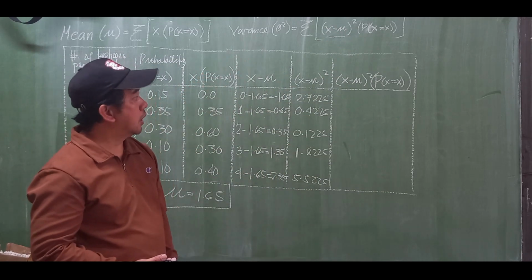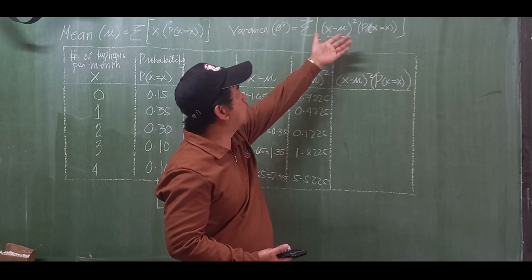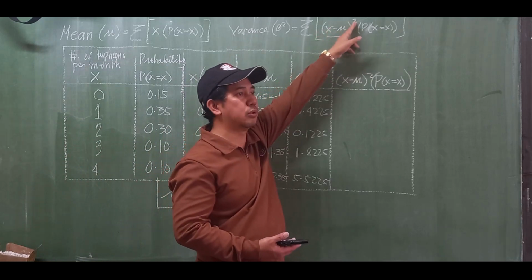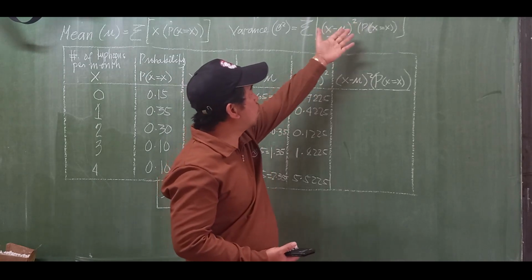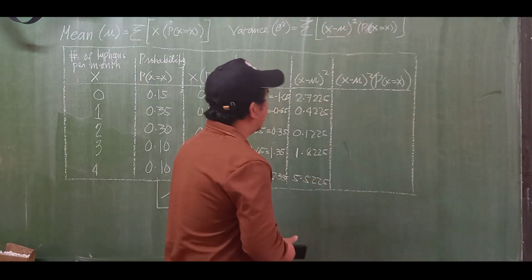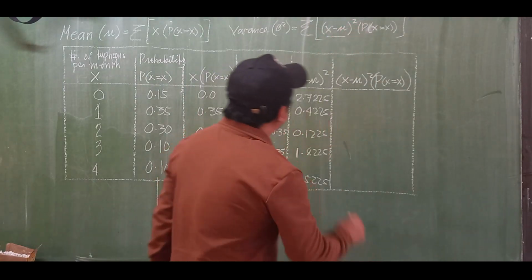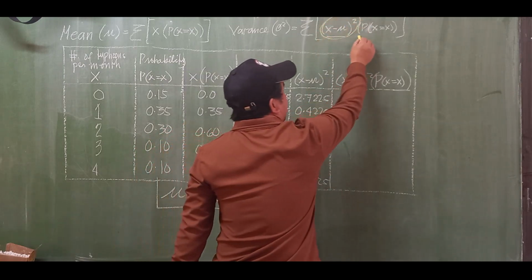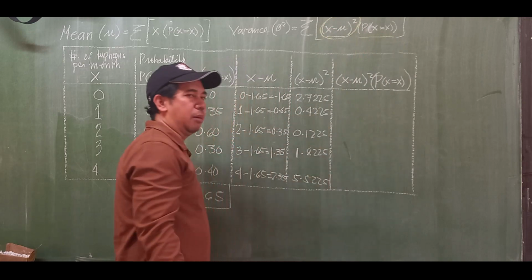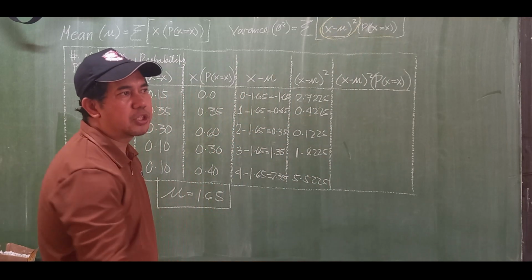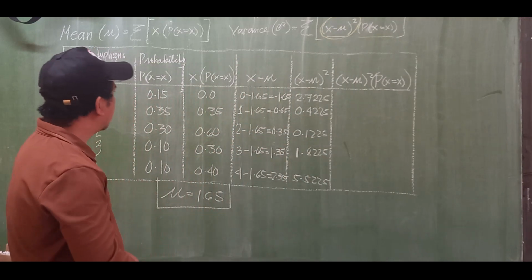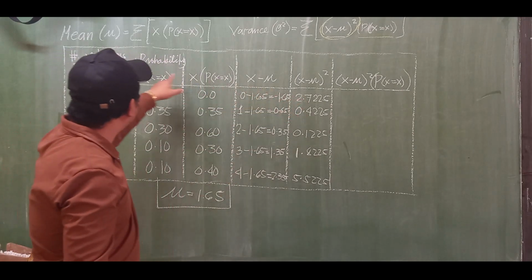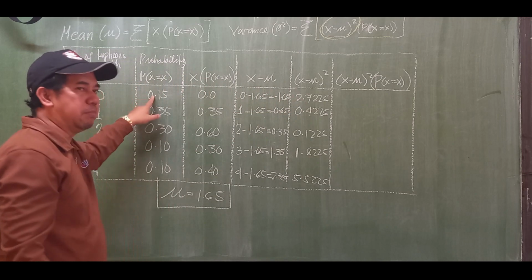When we are done raising it to the second power, the result is to be multiplied by its corresponding probability. Okay? By its corresponding probability.